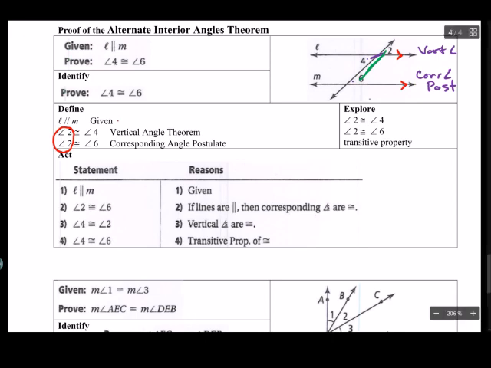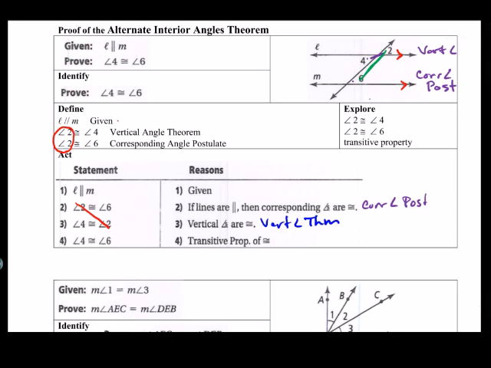We are given our parallel lines. We use our corresponding angles postulate, and we use our vertical angle theorem, and then we have angle 2 common to both of them.